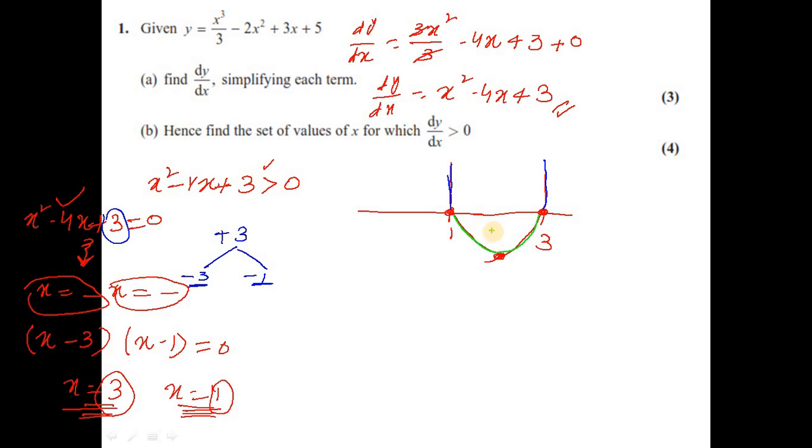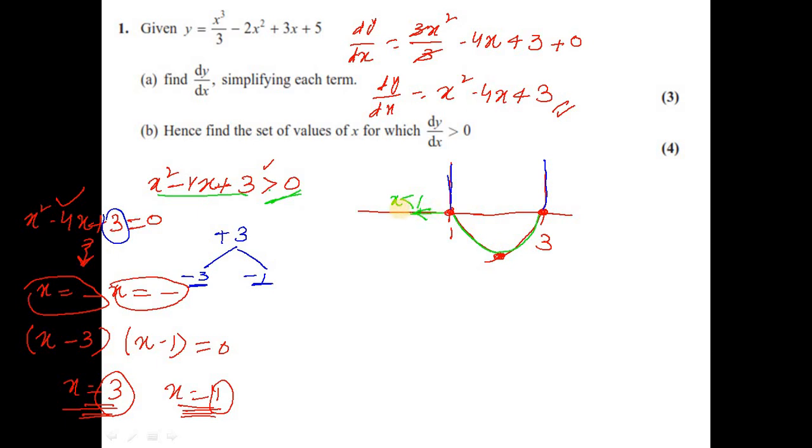So if you are on the left side of 1, this is x less than 1, you have positive values of the parabola, which is true because this parabola is positive there.